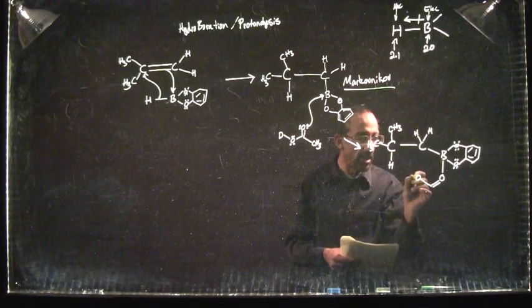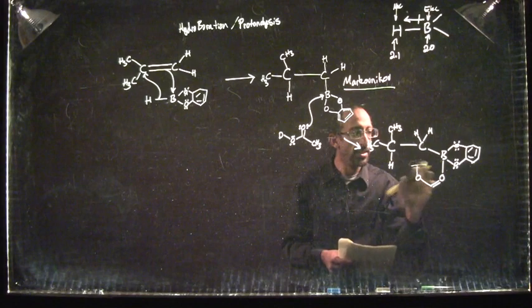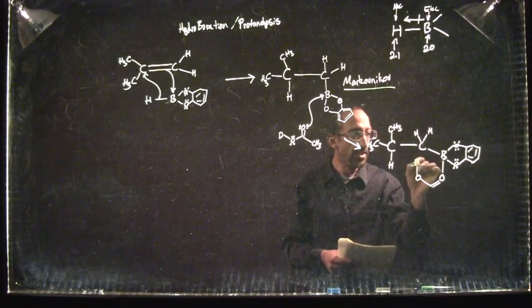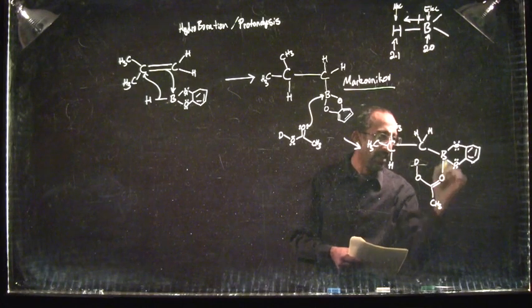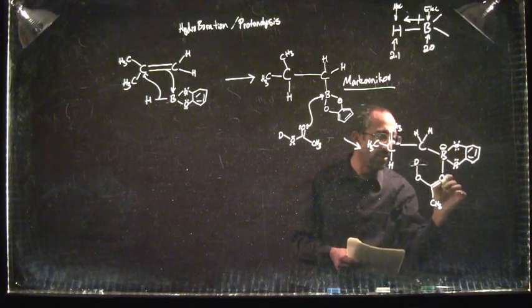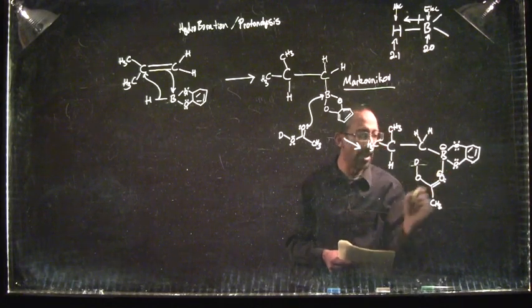There's the carboxylic acid acidic oxygen, and here is the deuterium atom that I'd like to install. Here now our boron has a negative charge. That carbonyl oxygen, having 3 bonds and 1 lone pair, takes a positive charge.